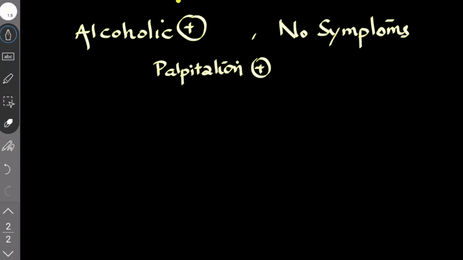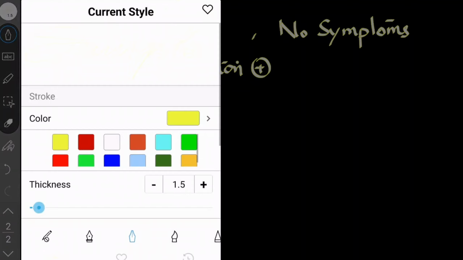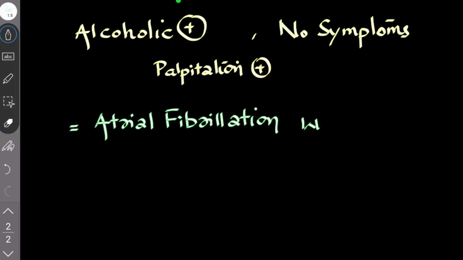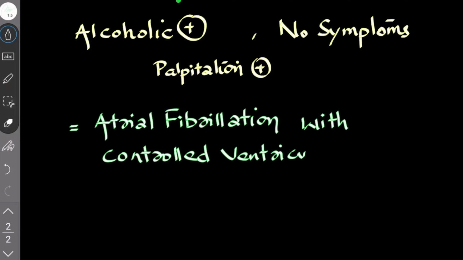If you don't find any P wave, there is atrial fibrillation, with a controlled ventricular rate, because we didn't find any ventricular tachycardia or flutter.